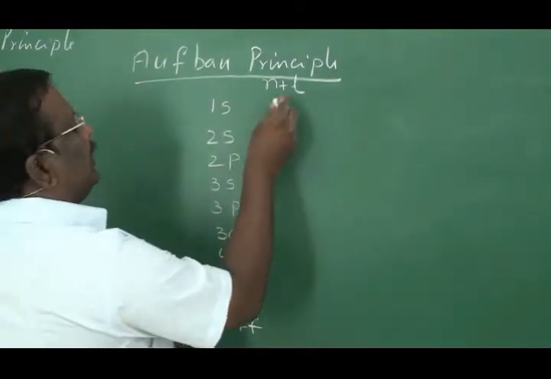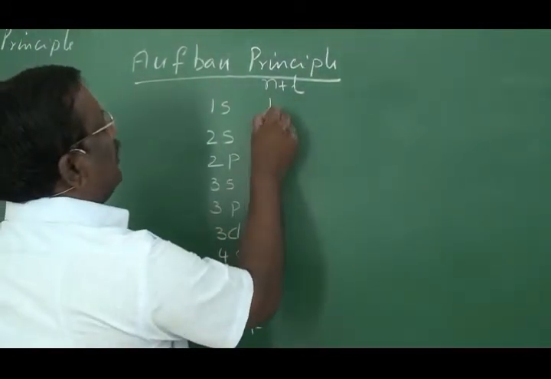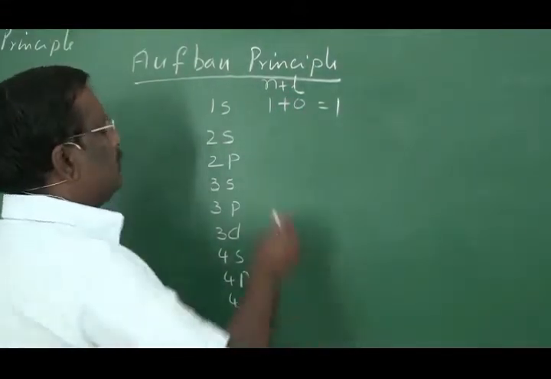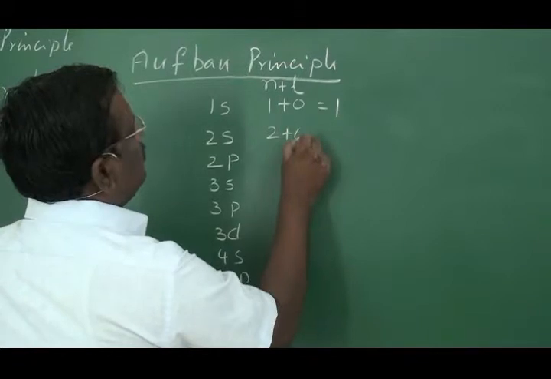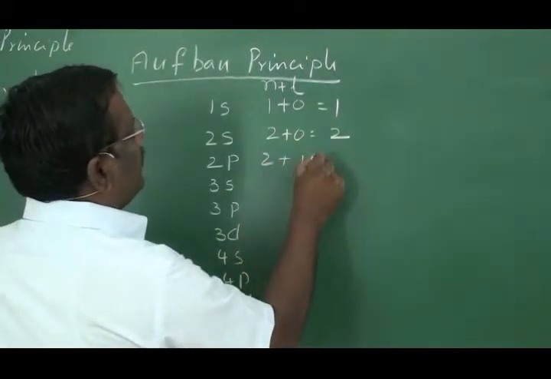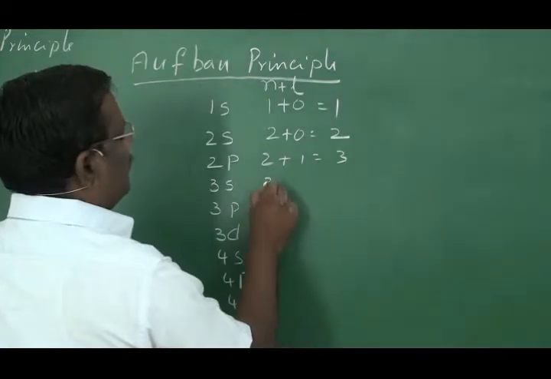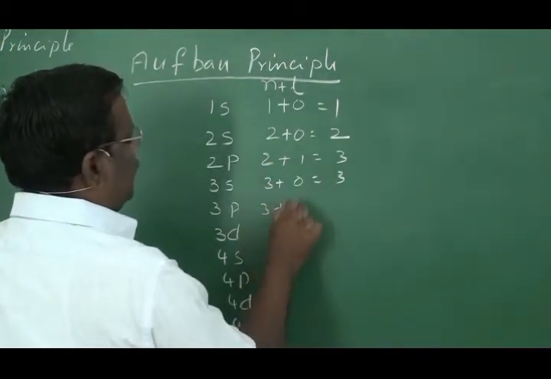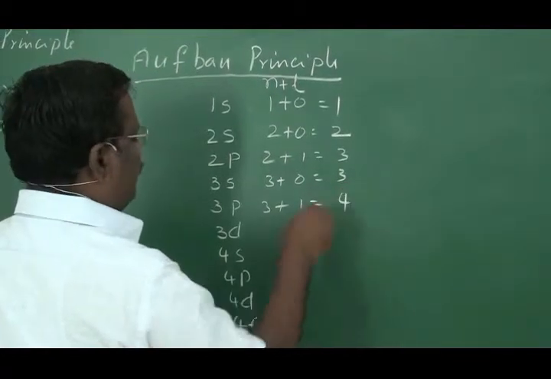So here n plus L value for 1s is 1 plus 0, equal to 1. For 2s, 2 plus 0 is equal to 2. For 2p, 2 plus 1 is equal to 3. For 3s, 3 plus 0 is equal to 3. For 3p, 3 plus 1 is equal to 4.